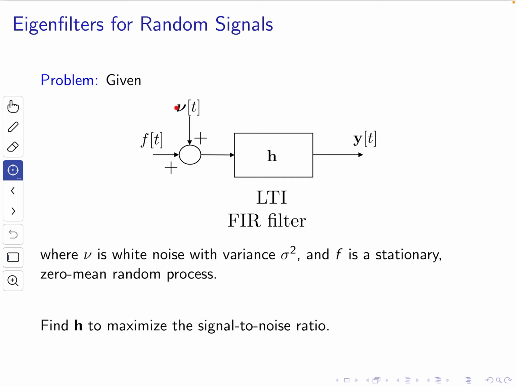This is like, for example, a communication channel where you don't really know what's coming in, so we'll make the assumption that it's a stationary, zero mean random process. How do I pick H to maximize the signal to noise ratio? In other words, I want the signal to come out of Y more than the noise.